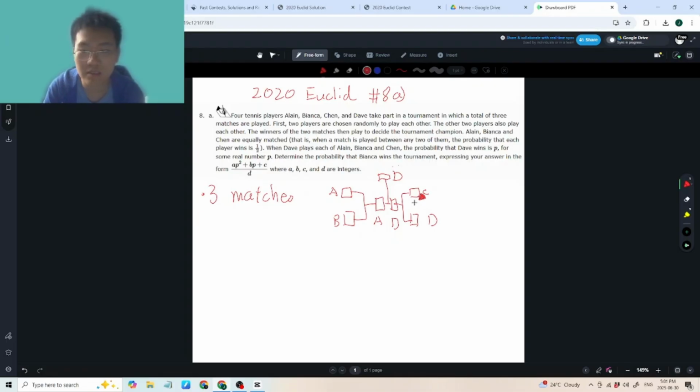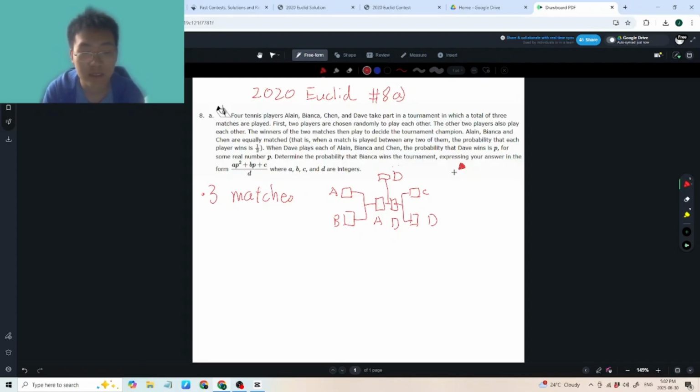Now, what does the question ask us? We know that A, B, and C are all equally matched. What does equally matched mean? It means that whenever any two of these play each other, the probability that each player wins is always equal, which is just 1/2. However, Dave is not like the other three.